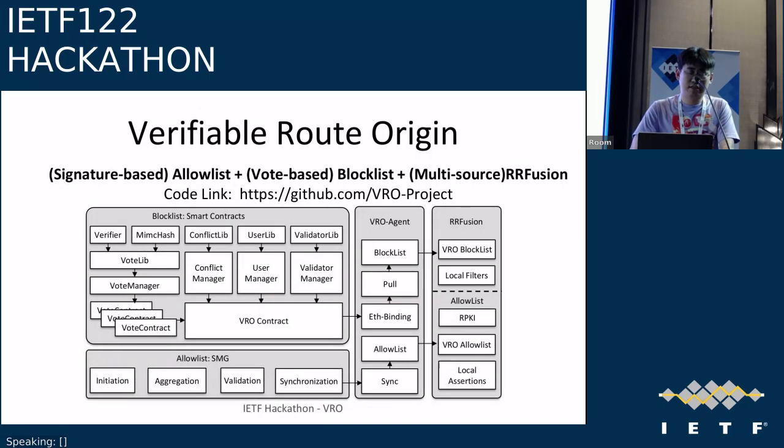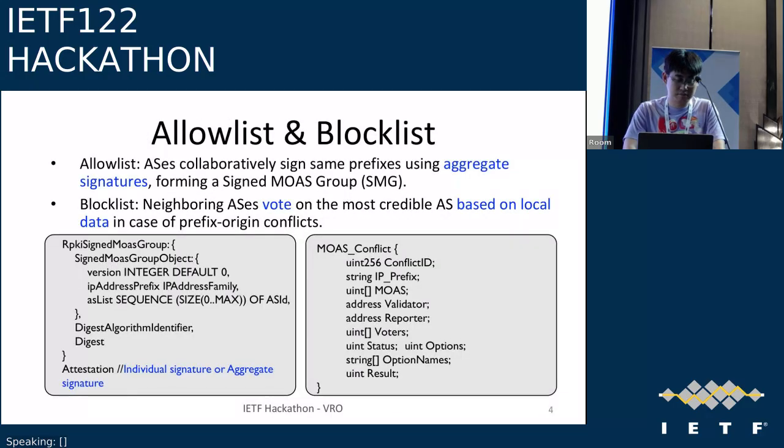The VRO system consists of the allow list, the block list, and the fusion of multiple sources. The allow list enables ASes to sign the same prefix using aggregate signatures. On the other hand, the block list allows ASes to vote on prefix origin conflicts based on local information.